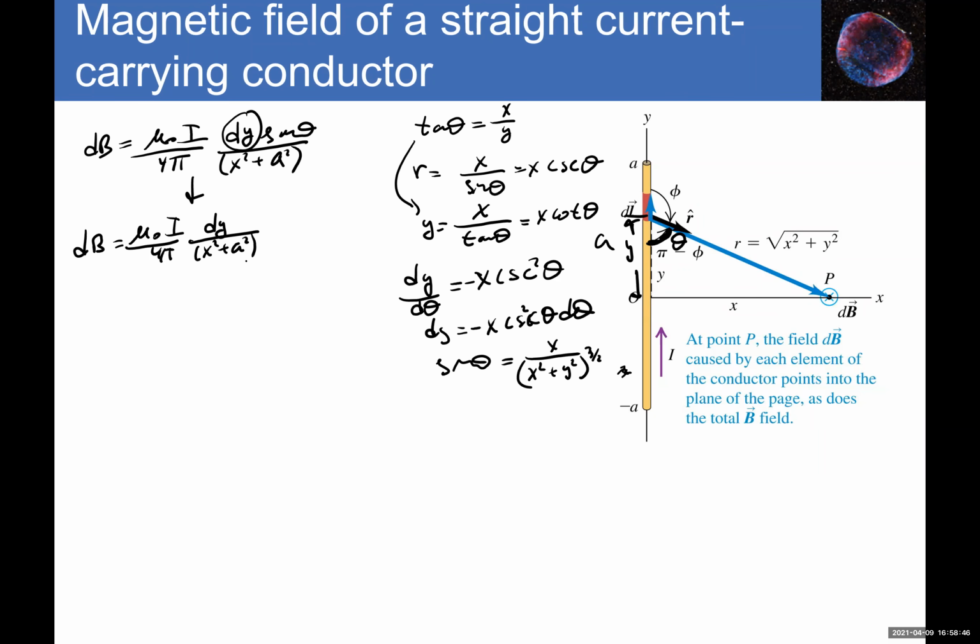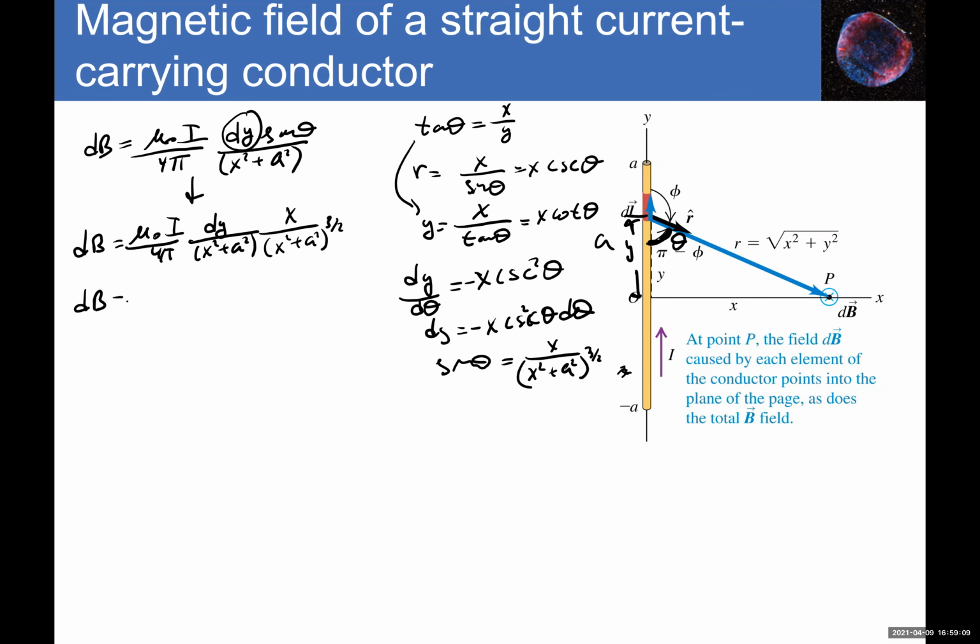Actually here for sine theta, I'm going to have to write a instead of y because I'm talking about the whole thing. So for sine theta it is replaced with x over x squared plus a squared to the 3/2.